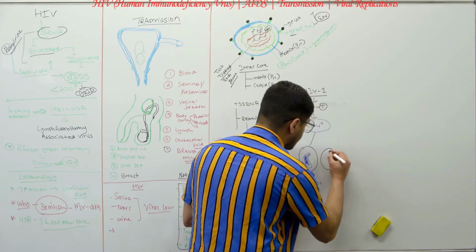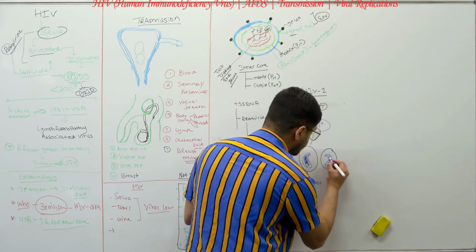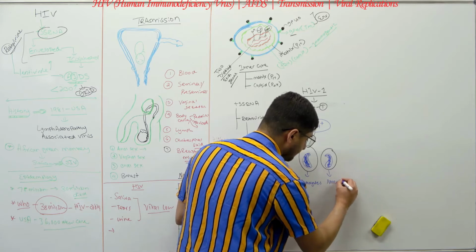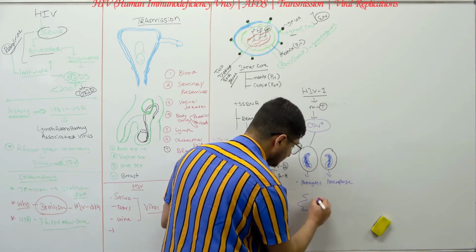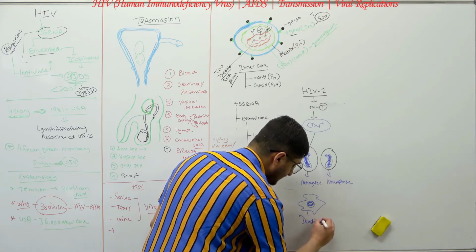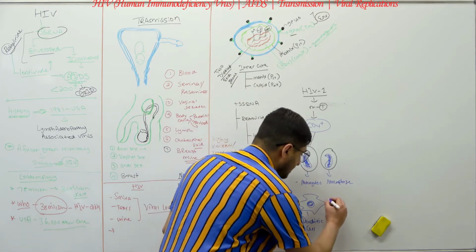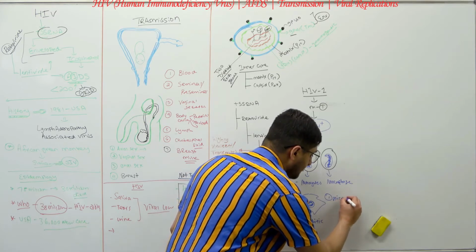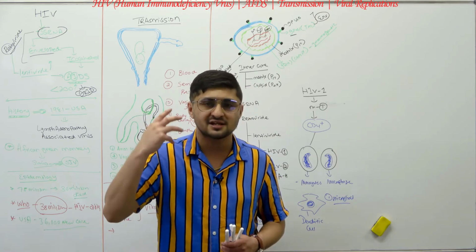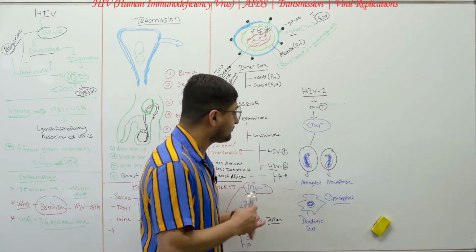Very importantly, not only monocytes, there are also macrophages and dendritic cells, which are very important. Also microglia, which are monocyte derivatives, but these are resident macrophages present in your brain. Those are called microglia. Those are CD4 positive cells.